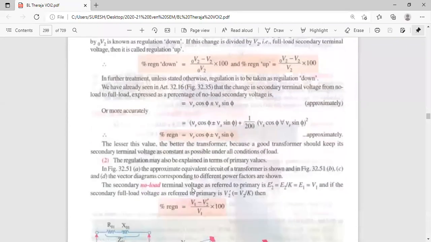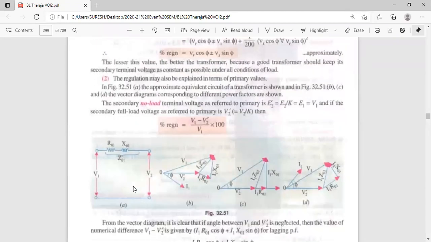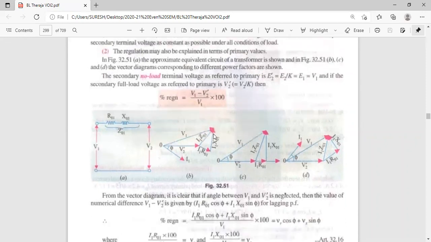Now see, in this circuit, V1 minus V2 is the voltage drop, which is I1 into Z01. Now percentage regulation can be taken as V1 minus V2 by V1 into 100. Write down this formula also, for this circuit. Percentage regulation is equal to V1 minus V2 dash by V1 into 100.